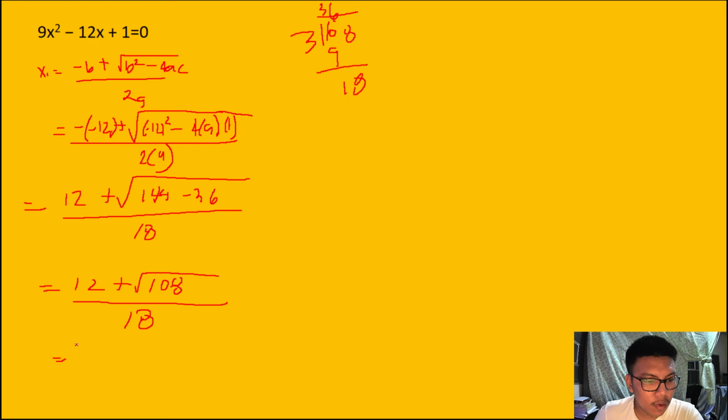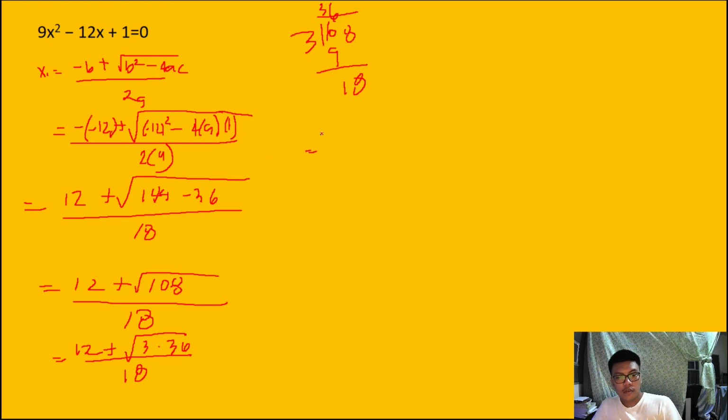So pwedeng 12 plus square root of 3 times 36, so pwede natin ilabas yung 36. So 12 plus, labas natin 36. Square root of 36 ay 6. So 6 times square root of 3, matitira. And we have 18.